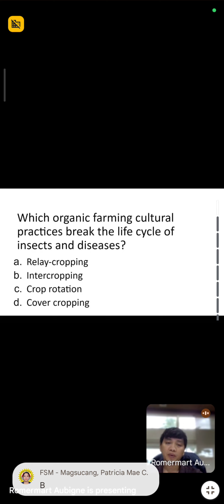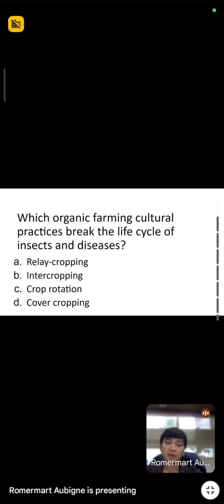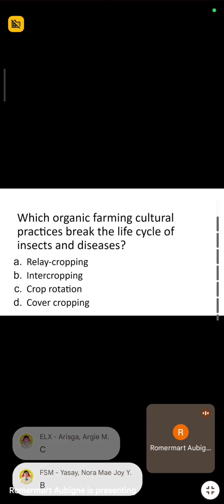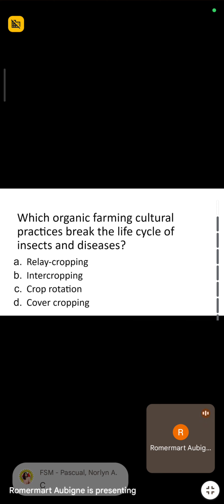Ano pong sagot natin? Okay, the correct answer is crop rotation po ang correct answer.